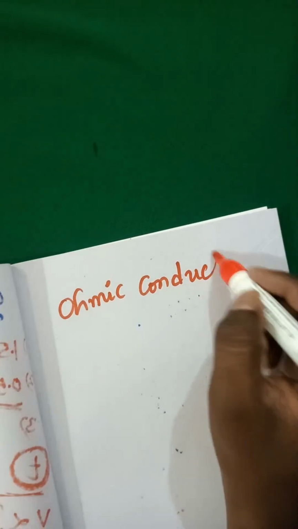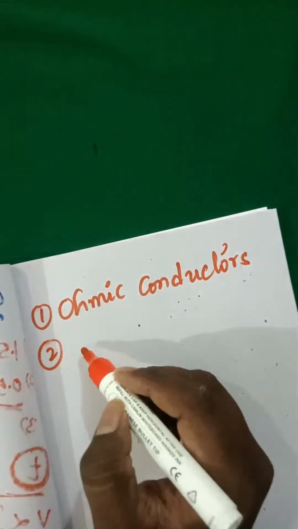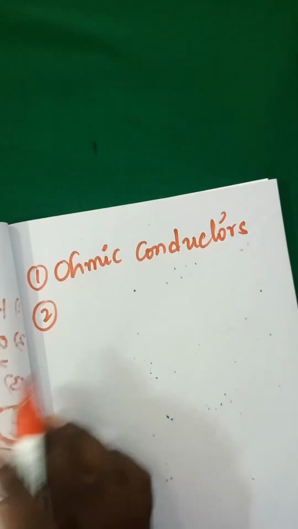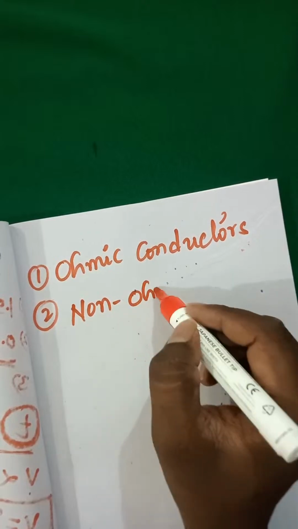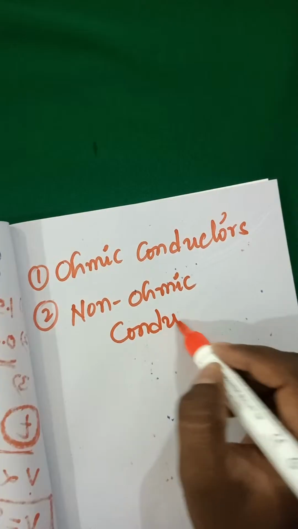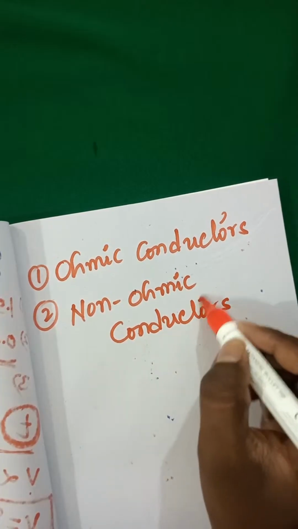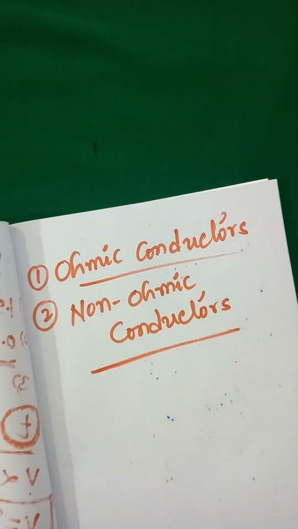The conductors which obey Ohm's law are called ohmic conductors. The conductors which do not obey Ohm's law are called non-ohmic conductors. So I hope it is clear to you all.